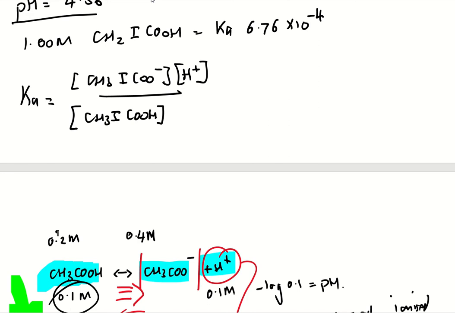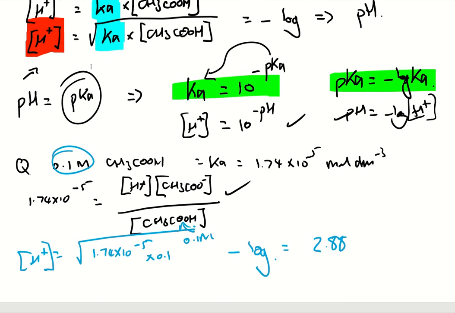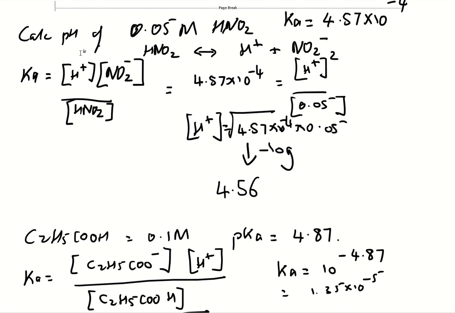That's the Ka, and the pH for that comes out at 1.59. Alright. So last one, I'll do one more, and that should do us, I think, if we can do all of these.